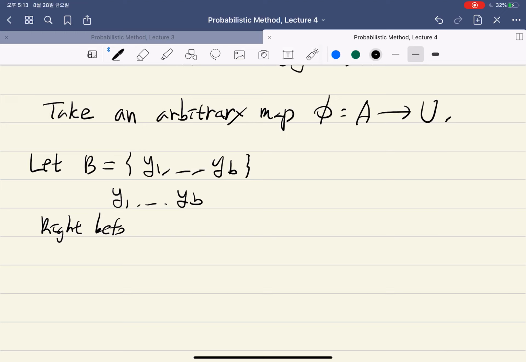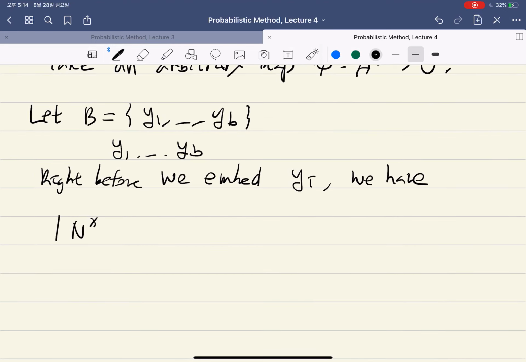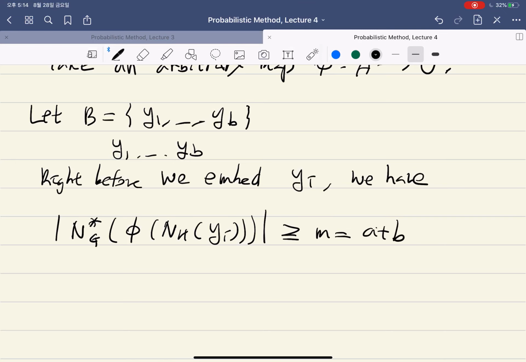Right before we embed yi, we have that the common neighborhood in G of the neighbors of yi in H is at least M, which is A plus B.